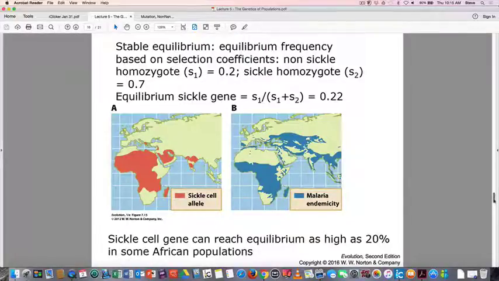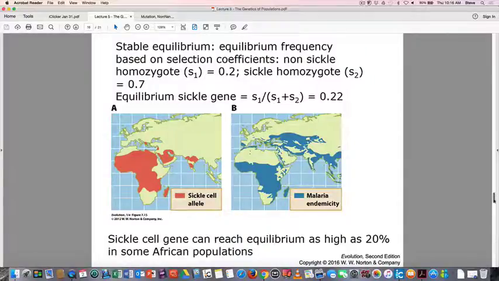The idea here, and we're not going to go into all the details, is that this sickle cell allele in African populations reaches pretty high frequencies. It depends on where you are, West Africa, Central, South Africa. There's a lot of variation among African populations in terms of the frequency of the sickle cell gene, but it can range anywhere from 10 to 25%, just that variant.